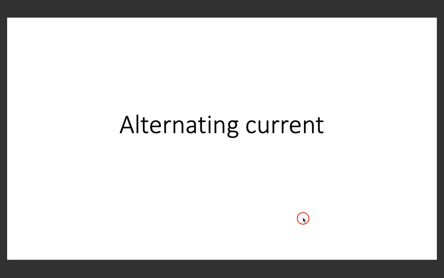But alternating current, we're going to see, is different. The current instead is switching directions back and forth and back and forth. And it might not be clear right now how that works exactly or why the electricity in our homes is an alternating current, but that's basically what today's lesson is all about.